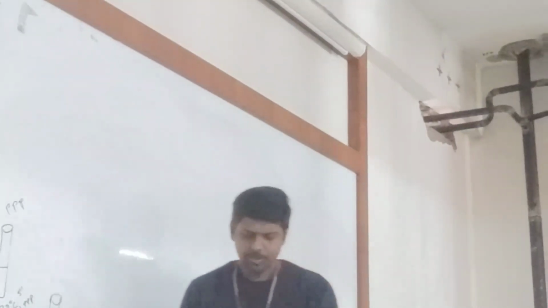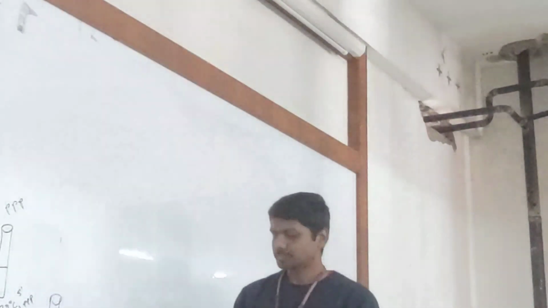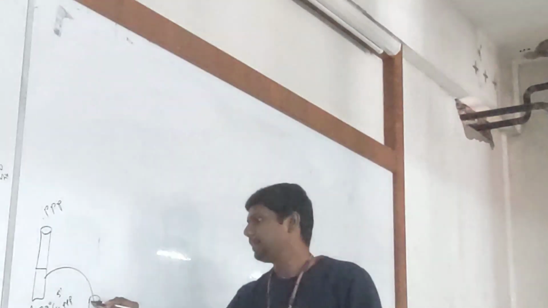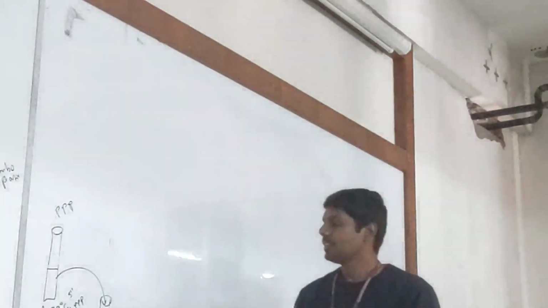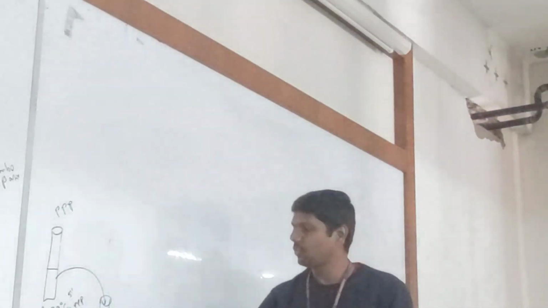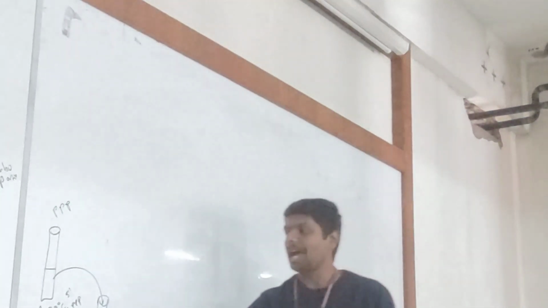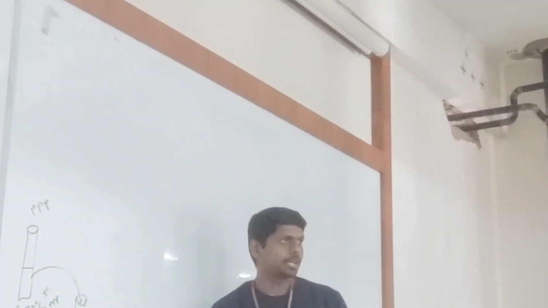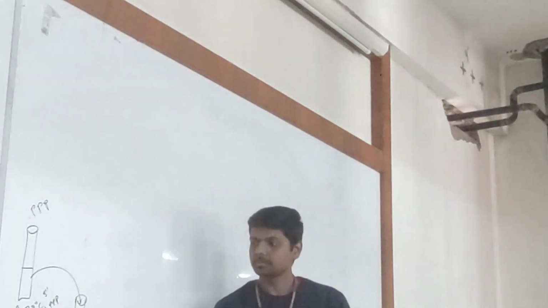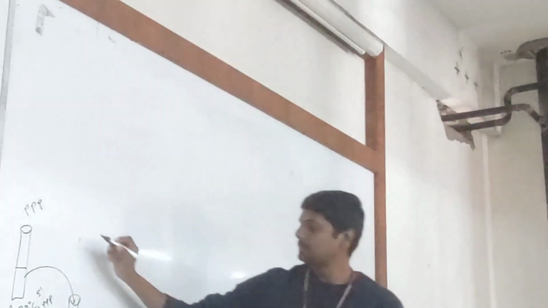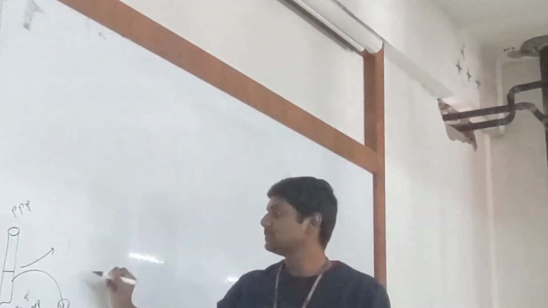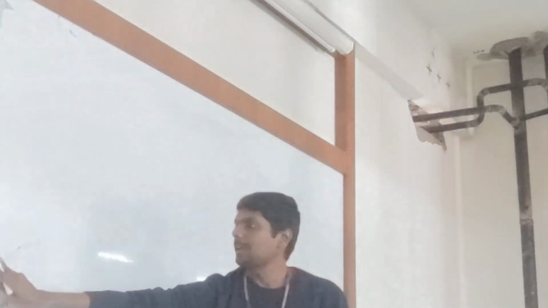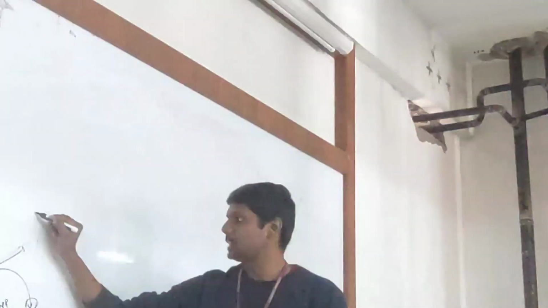In this test tube, I have added 0.1 ml of this platelet pool plasma. 0.1 ml platelet pool plasma added into a test tube. Is it clear? Okay. Parallelly, we need to take one more test tube.